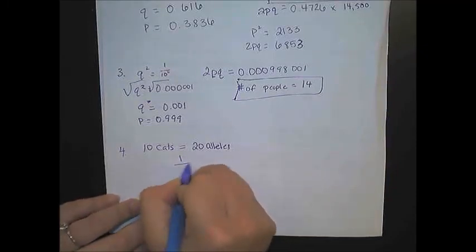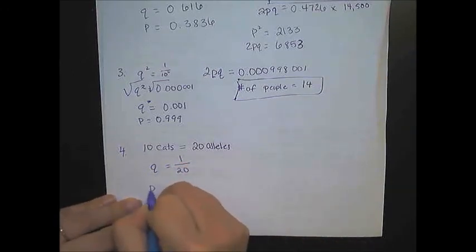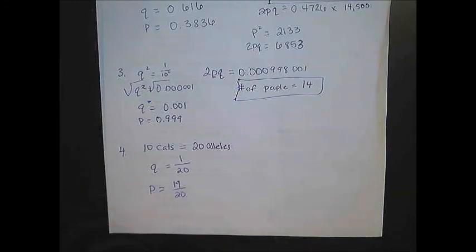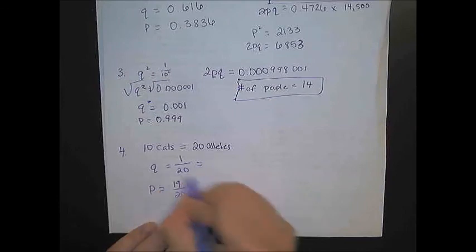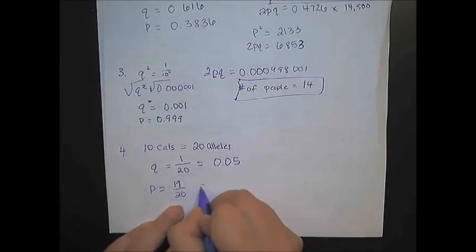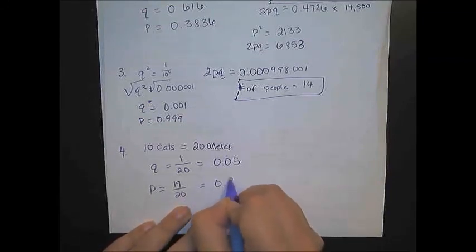So 1 out of 20 is going to be equal to q, and p is going to be equal to 19 out of 20. So the frequency of the recessive allele is 0.05, and the frequency of the dominant allele is 0.95.